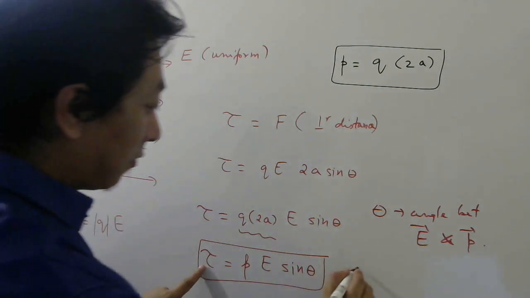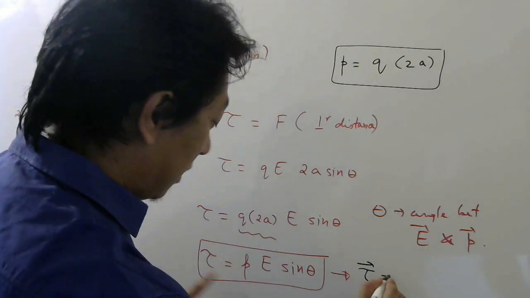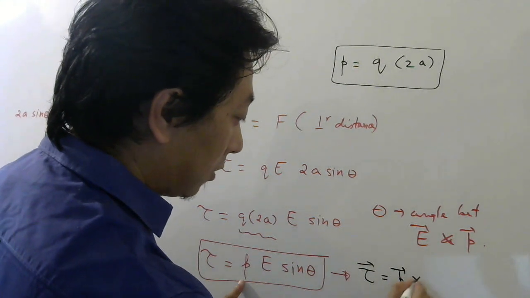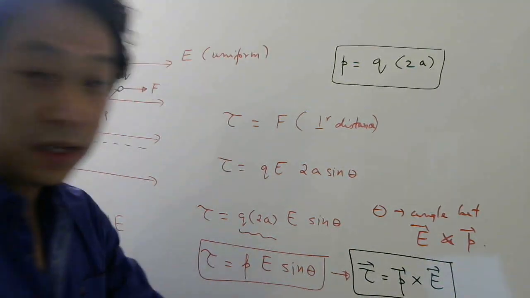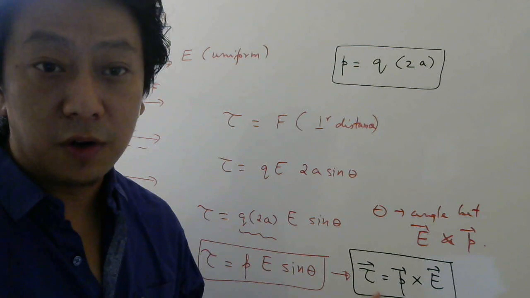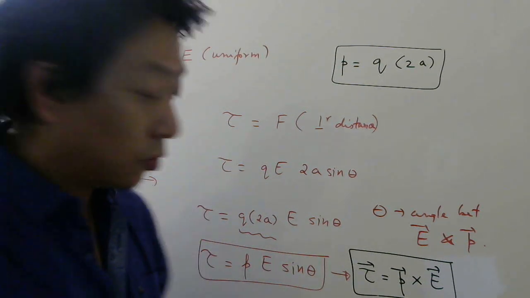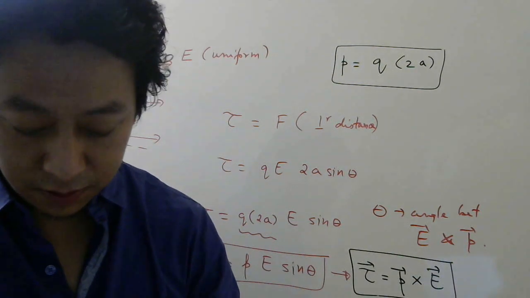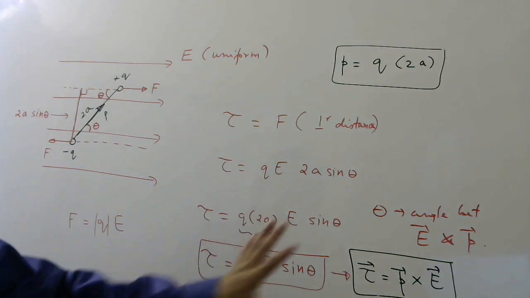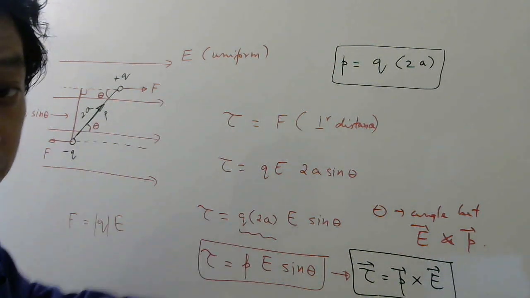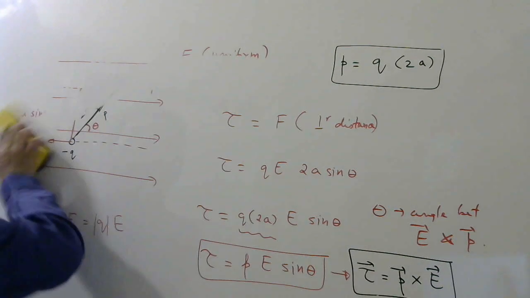So I can write in vector form torque vector equals p vector cross E vector. So this is in vector form. Sometimes only writing this also comes for 2 marks with explanation. Okay, fine. So we have understood the derivation for torque. Please look carefully, and any doubt please let me know.